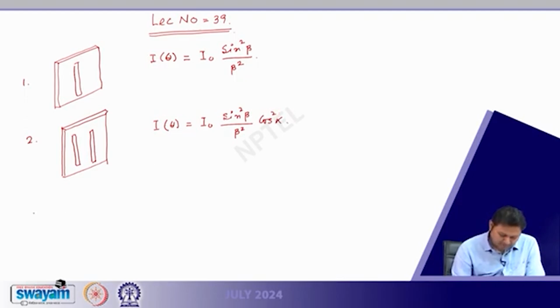And finally, for the grating we have multiple slits. So, not only one aperture, we have these multiple tiny apertures.